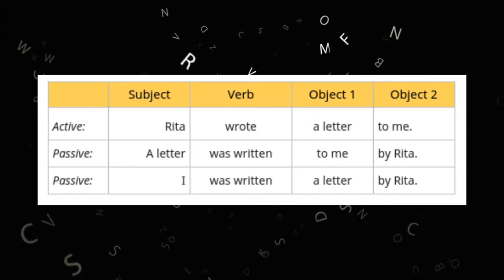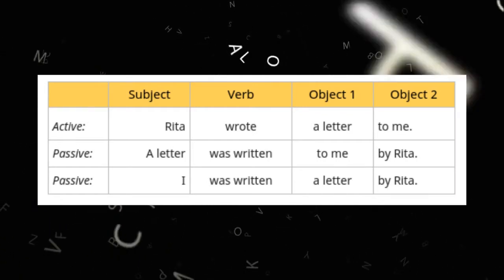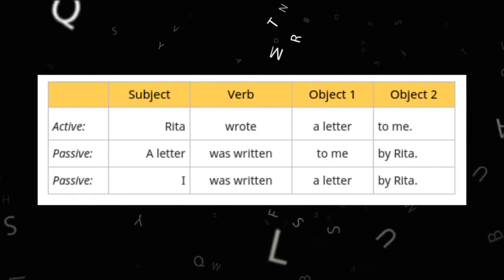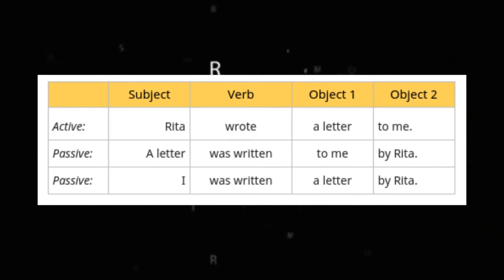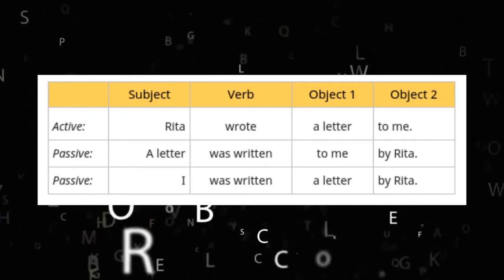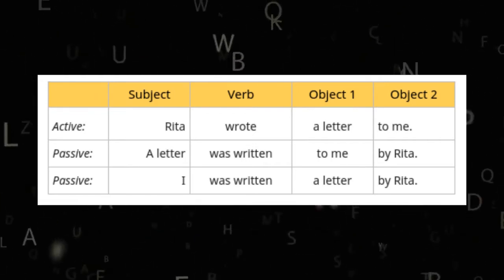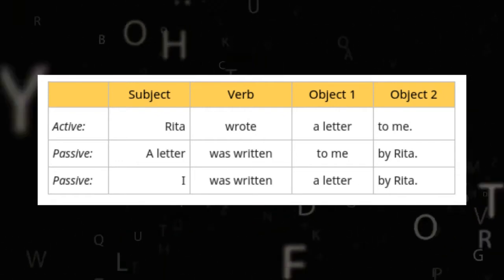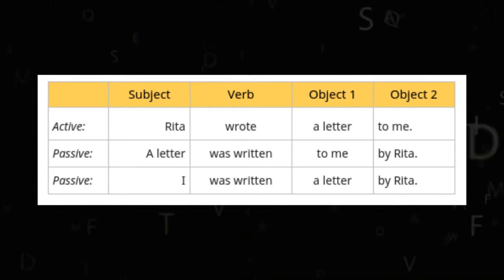Now, if we make that passive, we would change the subject to a letter. The verb would be was written to me, either by Rita or from Rita, and we could take that out as well. We could say a letter was written to me. We don't necessarily have to say it was Rita. And passive 2 would be, I was written a letter by Rita. That makes me the subject of the sentence.